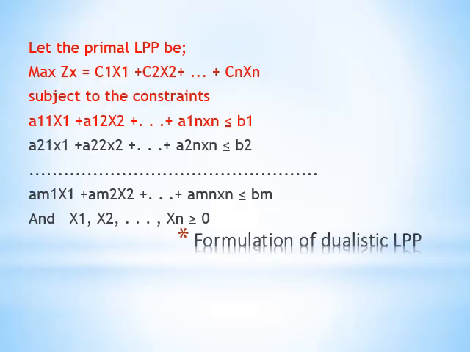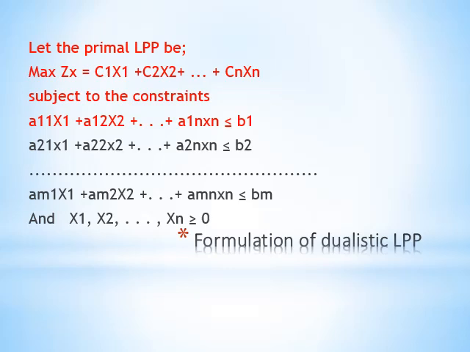A12 is the production cost of 1 unit of x2. A1n, respectively, is the cost of producing 1 unit of xn. B1 is a constant.